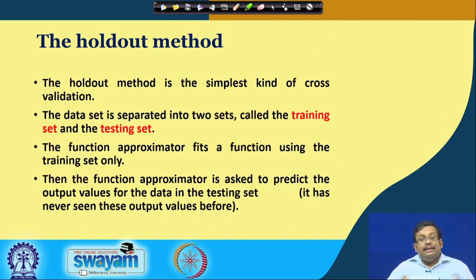The data set is separated into two sets randomly, sometimes called the training set and testing set. Another name for the training set is calibration set, and the other name for the testing set is validation set. The function approximator fits the function using the training set only, and then it is asked to predict the output values for the data in the testing set.